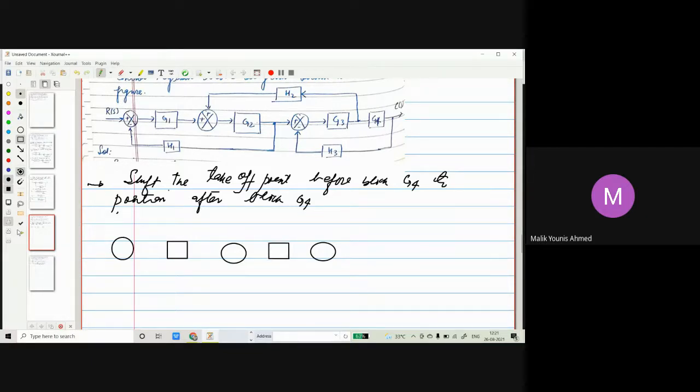After that, we have again a summing point. We have two blocks that will come in cascade now, because we are moving that take off point. And we have a feedback here, H3, and we have a feedback here, this one.